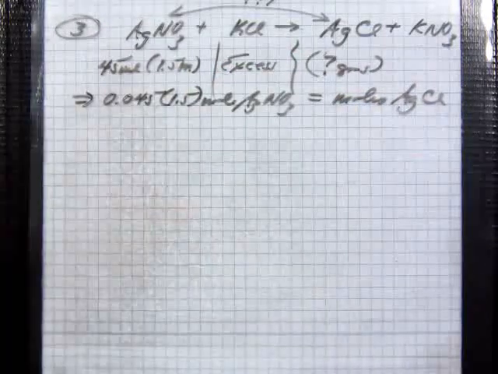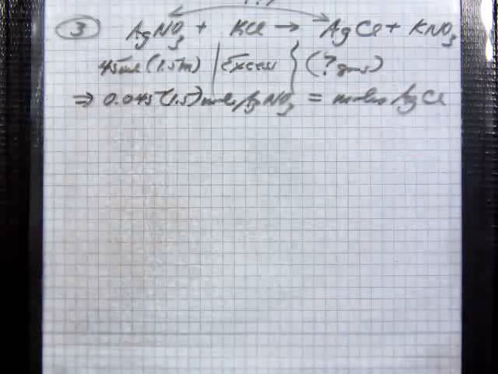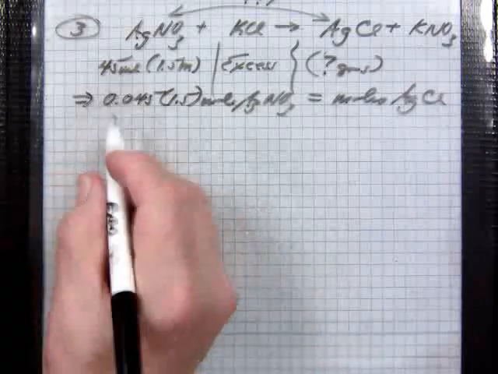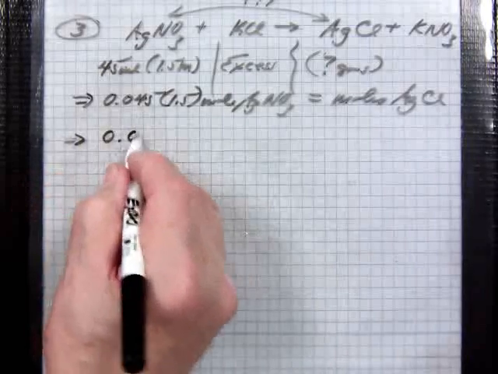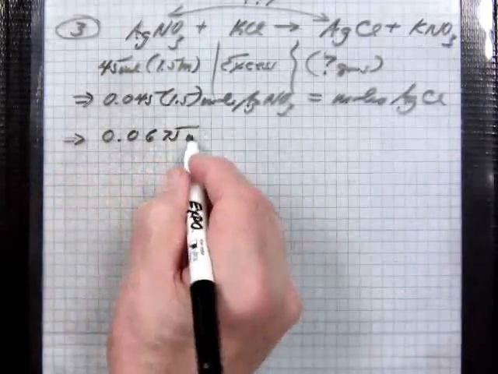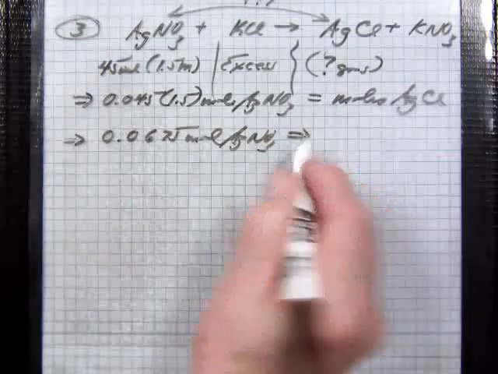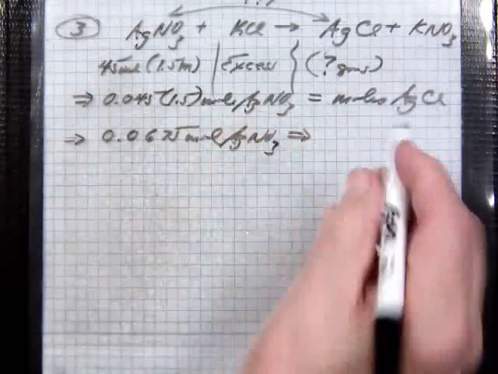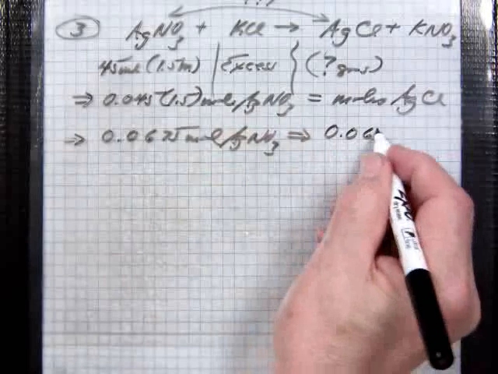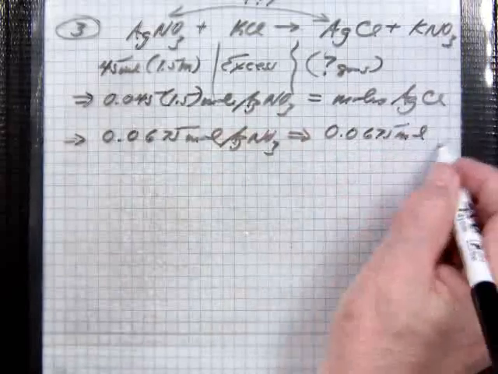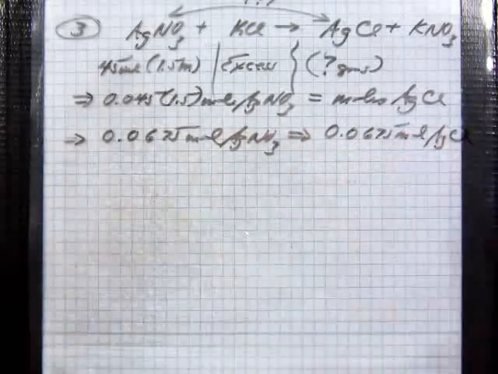And so punching that into your calculator, I get 0.675, which tells me I've got 0.0675 mole of silver chloride yield.